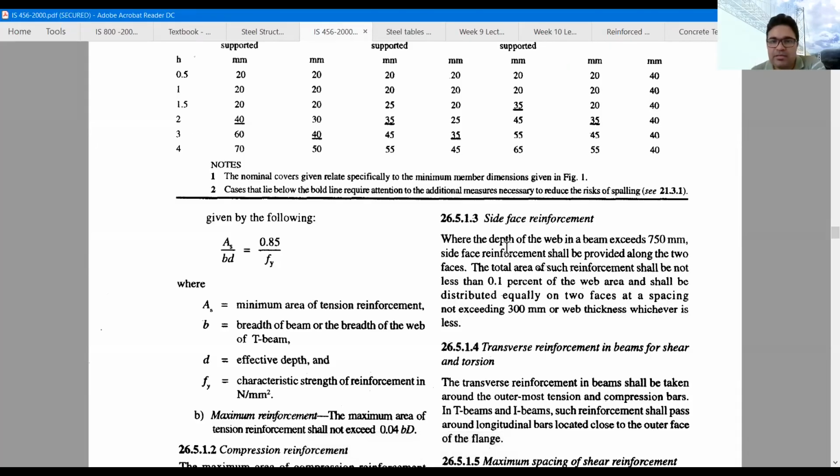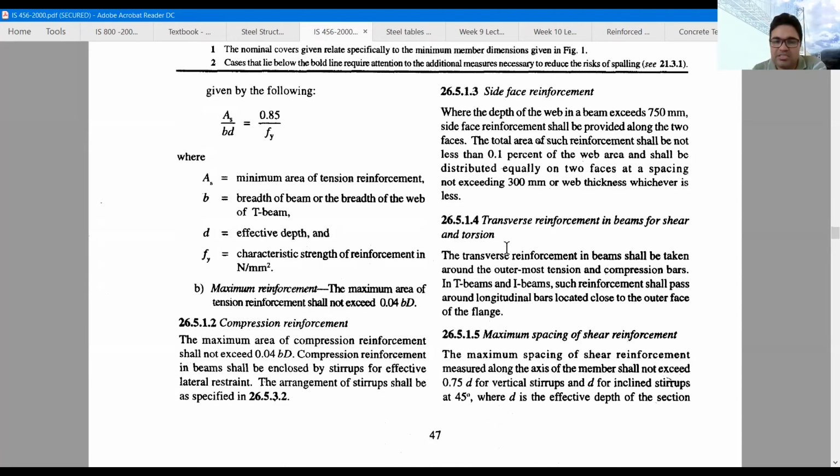So there you can see on page number 47, the side face clause, which is 26.5.13.